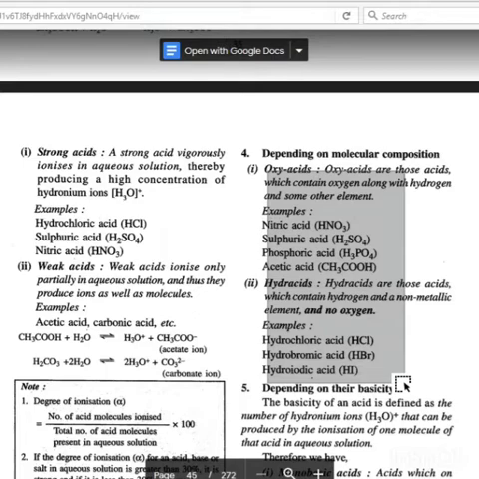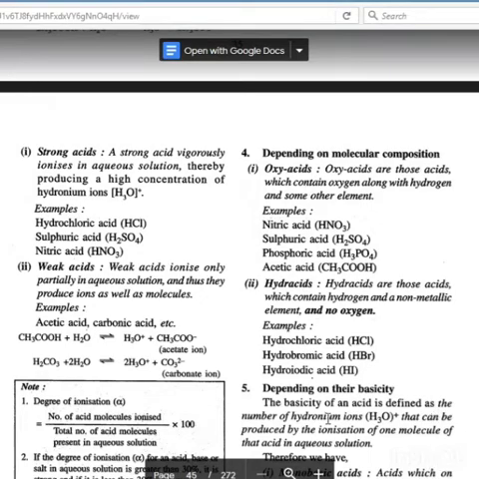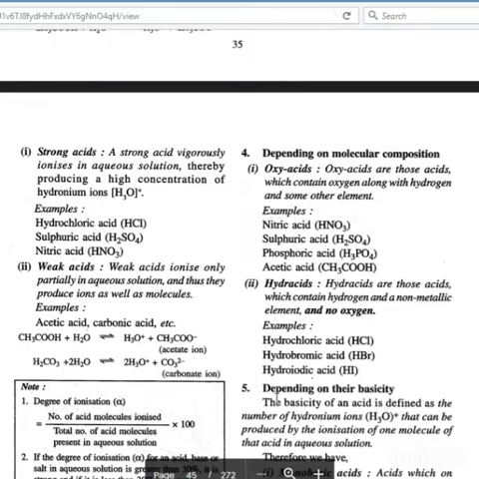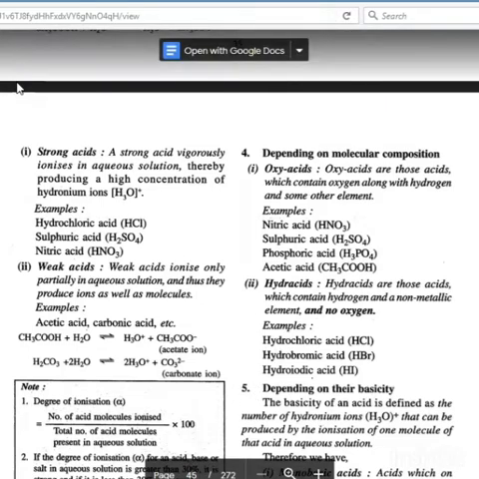Next classification is based on their basicity. Basicity again shows the ionization property. It is based on the ionization of one molecule of an acid in an aqueous solution, again based on hydronium ion.